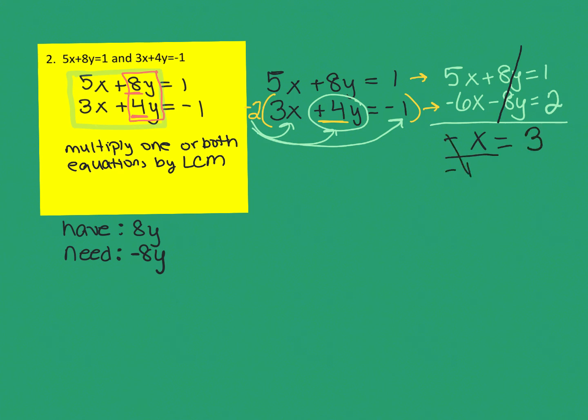We need this to be a positive x, so we're dividing by negative 1, and we get our x value. Okay, so over here we add and solved for x. Now we need to solve for y.